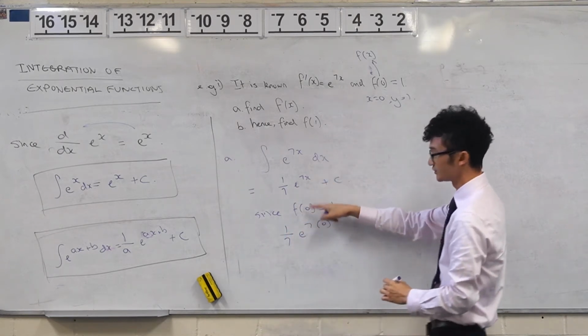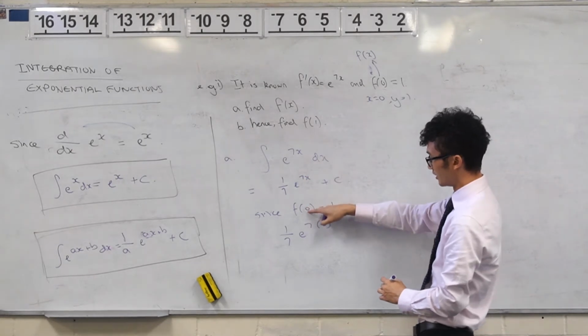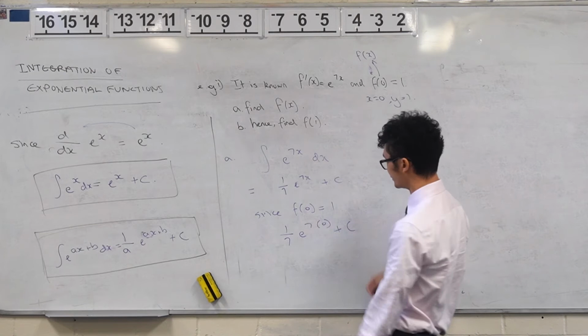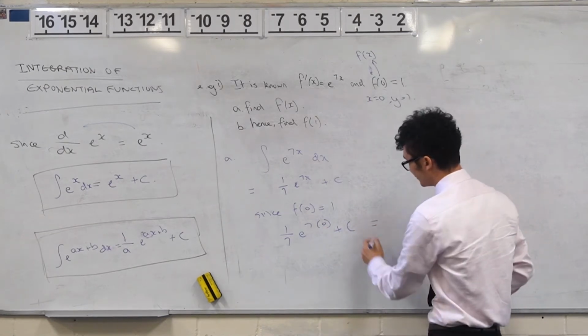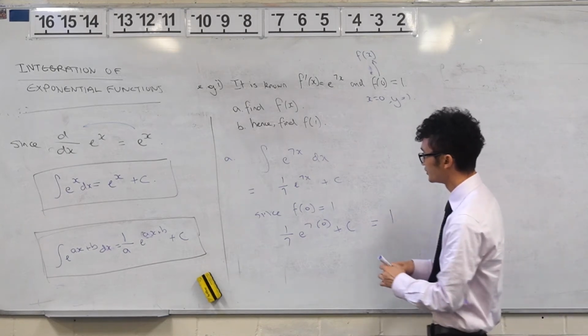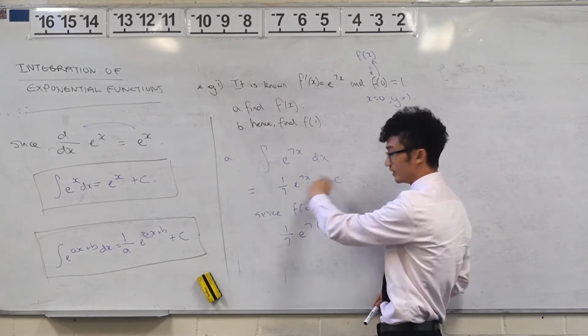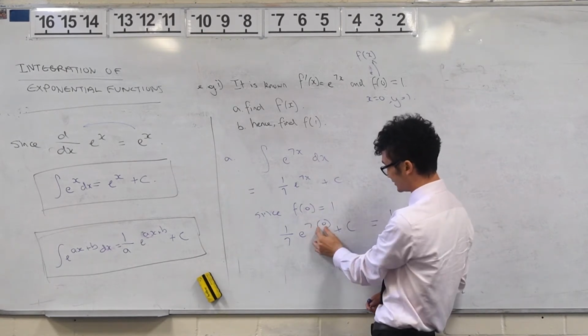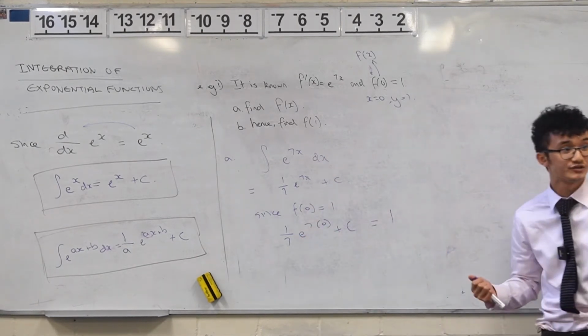So I'm replacing x with 0 now. This would be my function plus the constant. What's that equal to? Well, that's actually equal to 1. Can you see that? Because this whole thing is f of x, including whatever the c value is, so this whole thing is equal to 1 when x is equal to 0. That's why I can create this equation here.